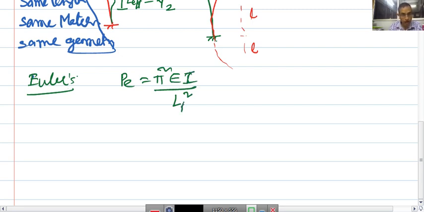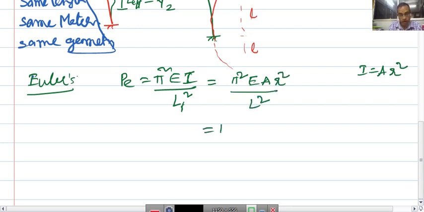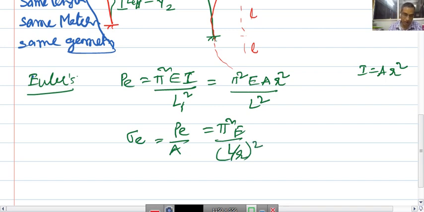I can also write I in another format, with radius of gyration. We know that moment of inertia I is equal to A into R square. So, A into R square by L square, and then pi square E, A goes to this side, P by A, which we say sigma E, is by L by R. L is L effective, R is radius of gyration, that too the least radius of gyration.